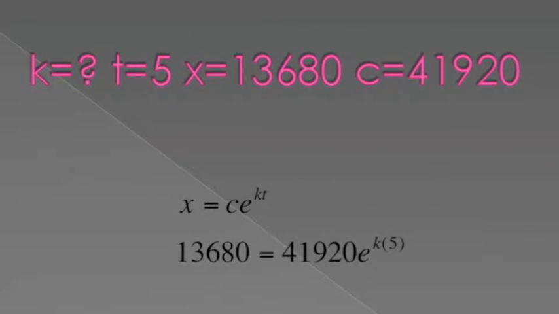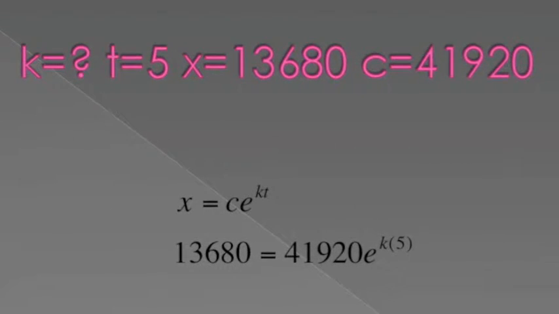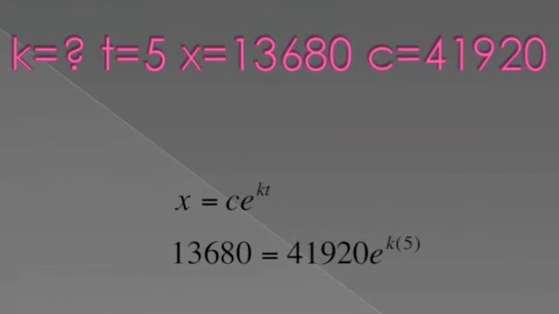We already know that our c is equal to 41,920. Now we have to look for k of dial when time is equal to 5 seconds and x is equal to 13,680 germs. Substitute the values to the equation x is equal to c e raised to kt.